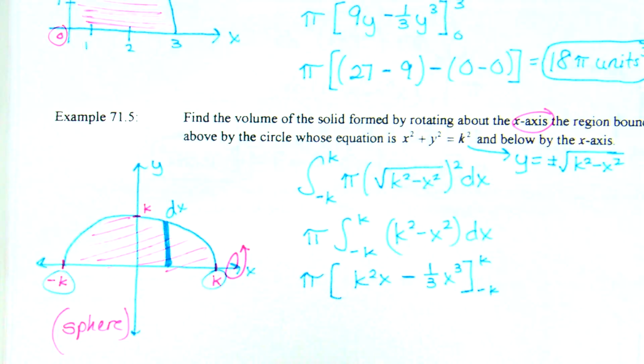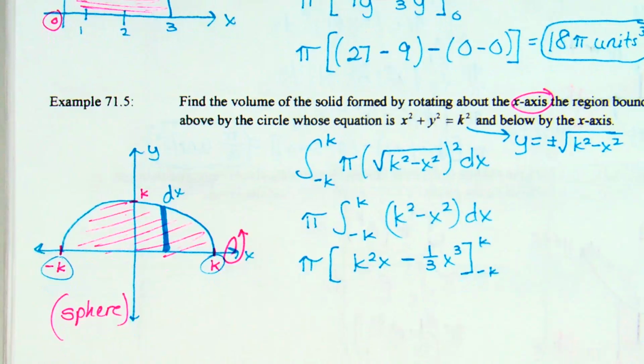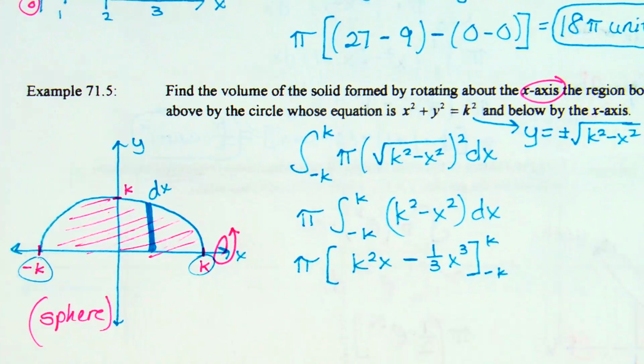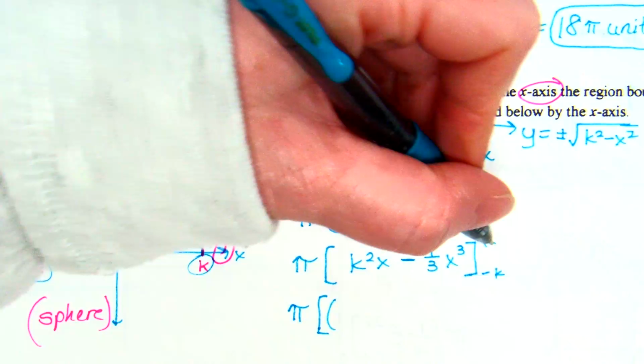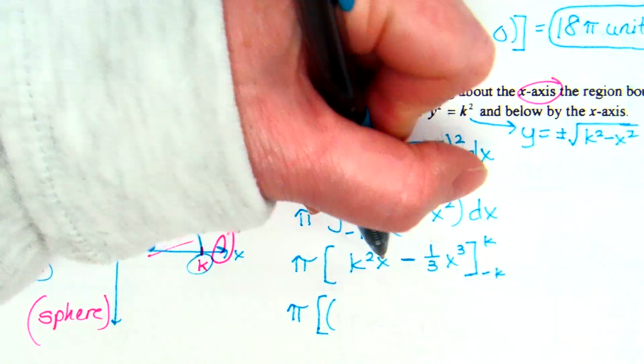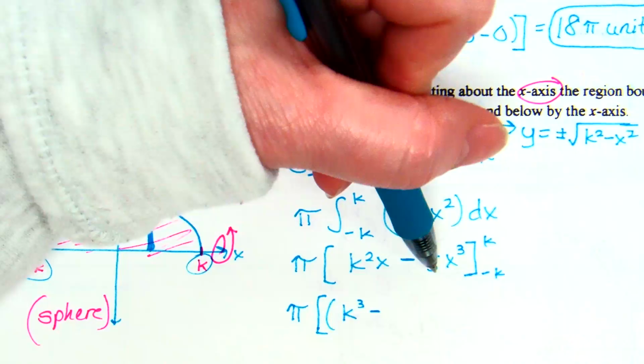It's a lot of letters. Welcome to math. You've been doing this for a while. You know it happens. Okay, my pi is going to stay pi. First of all, I'm plugging in positive k. K squared times k, k cubed, minus 1/3 x cubed is going to be 1/3 k cubed.